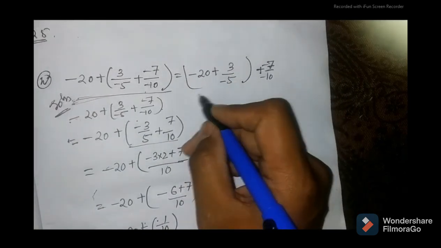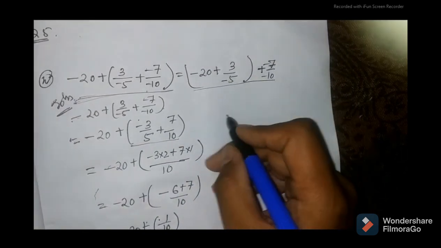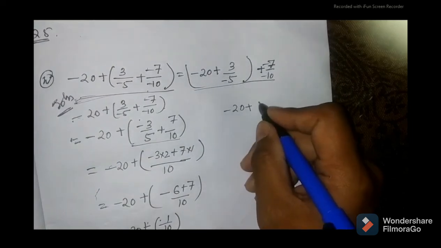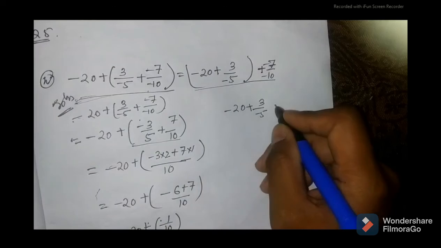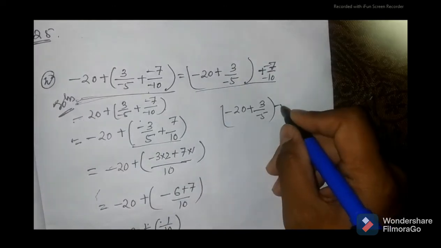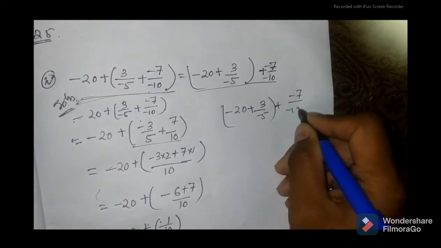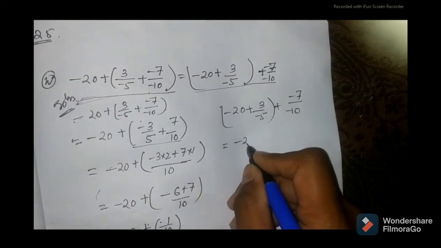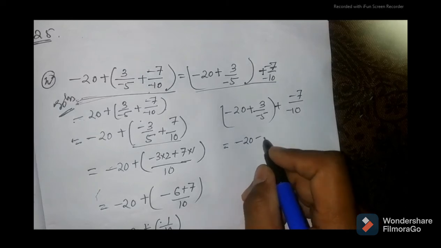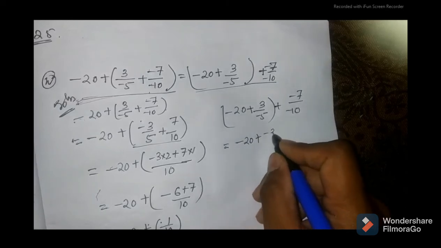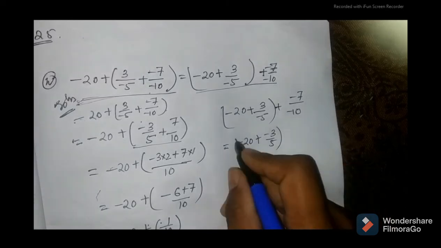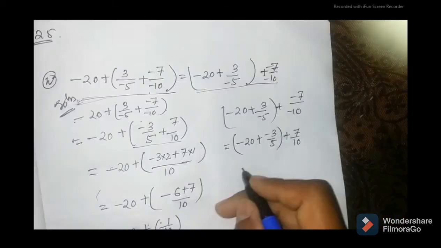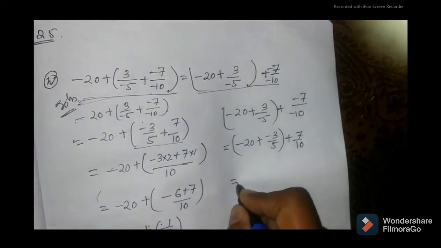Now we are going to solve this portion. Minus 20 plus 3 by minus 5 plus minus 7 by minus 10 equal to minus 20 plus, we can write this one as minus 3 by 5 plus, minus minus cancels out, and this becomes 10.